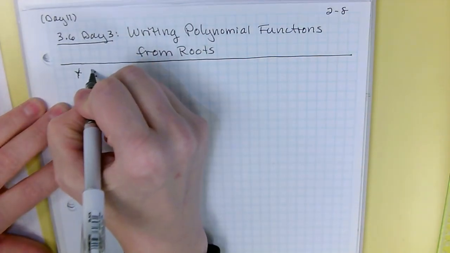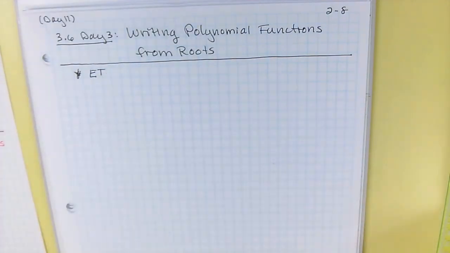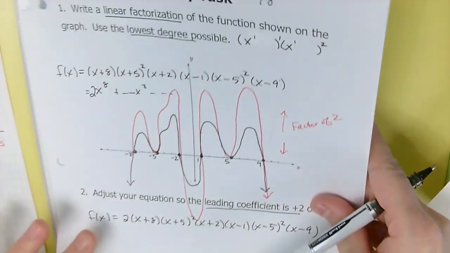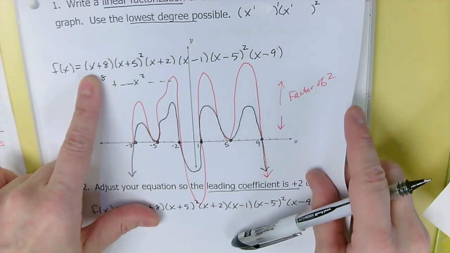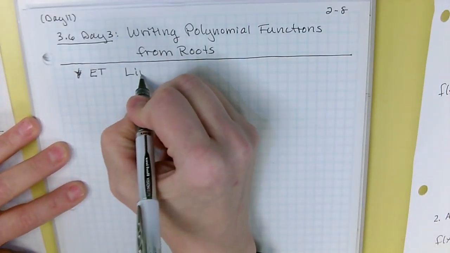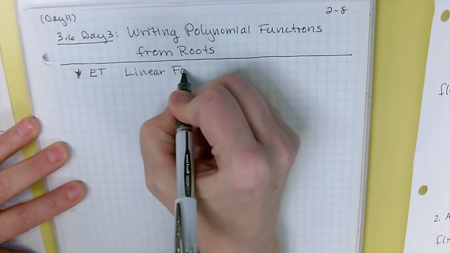So on the entry task today, we took the entry task and wrote the factorization. So just to get this in the notes, this is linear factorization form.